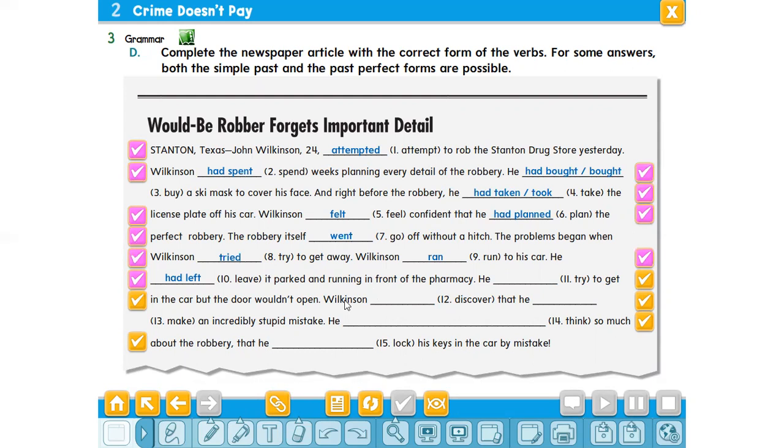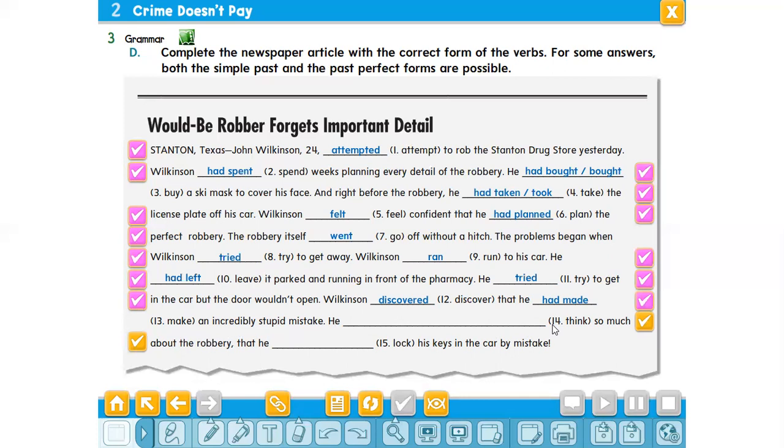He tried to get in the car, but the door wouldn't open. Try will be tried. What is the problem? Why the door wouldn't open? Because Wilkinson discovered that he had made an incredibly stupid mistake. What's his mistake?